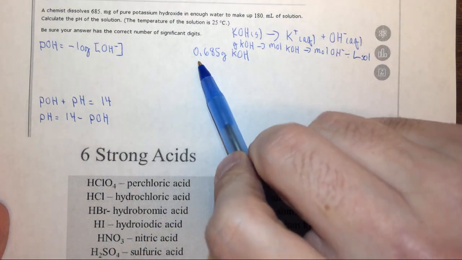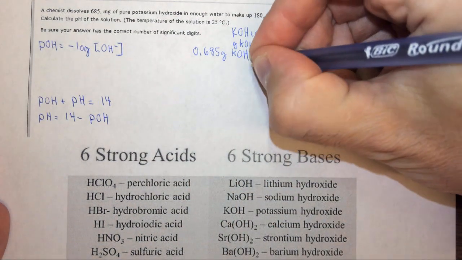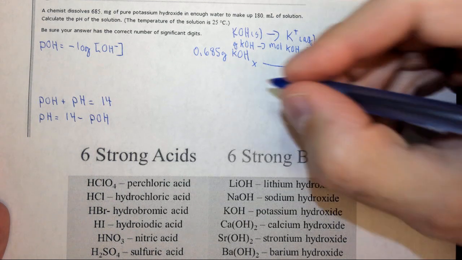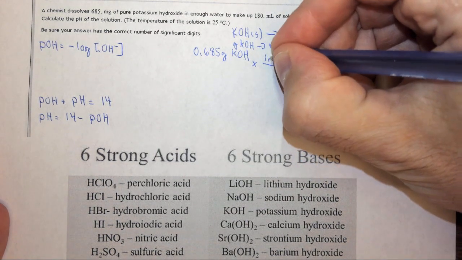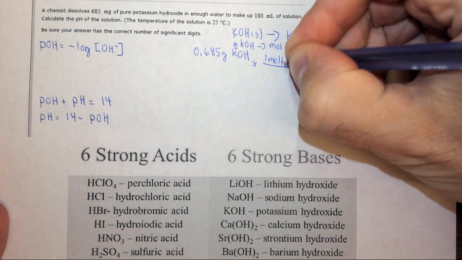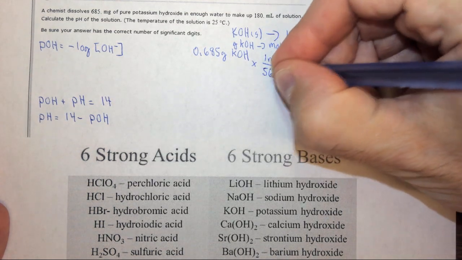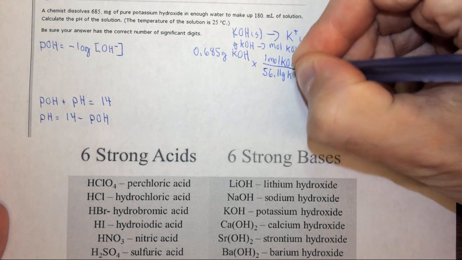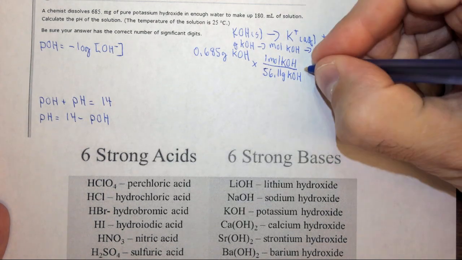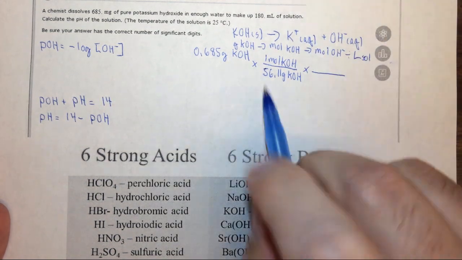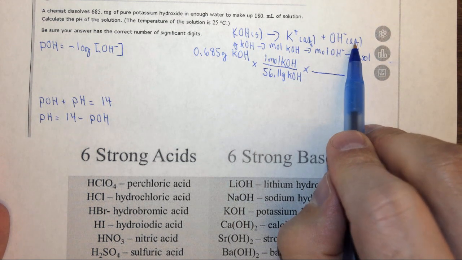So starting with 0.685 grams of KOH times, we put 1 mole of KOH on the top, and the molar mass, which is 56.11 grams of KOH, on the bottom, times each KOH gives us 1 OH-.